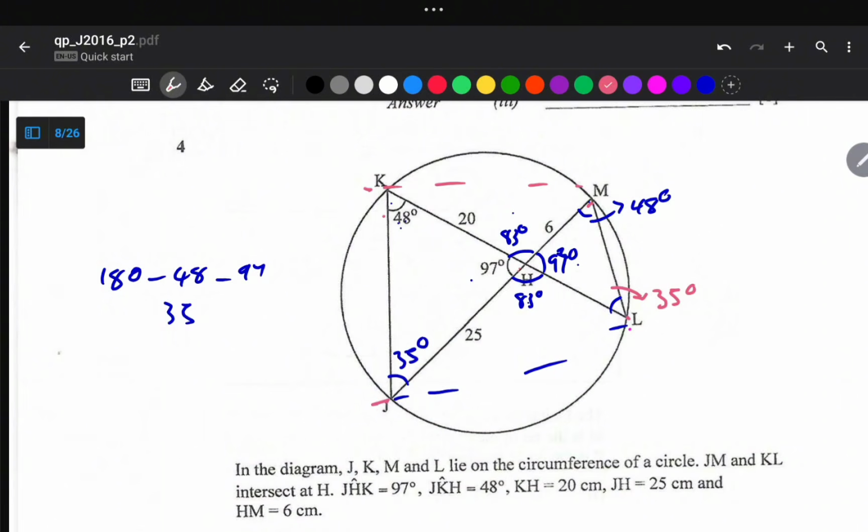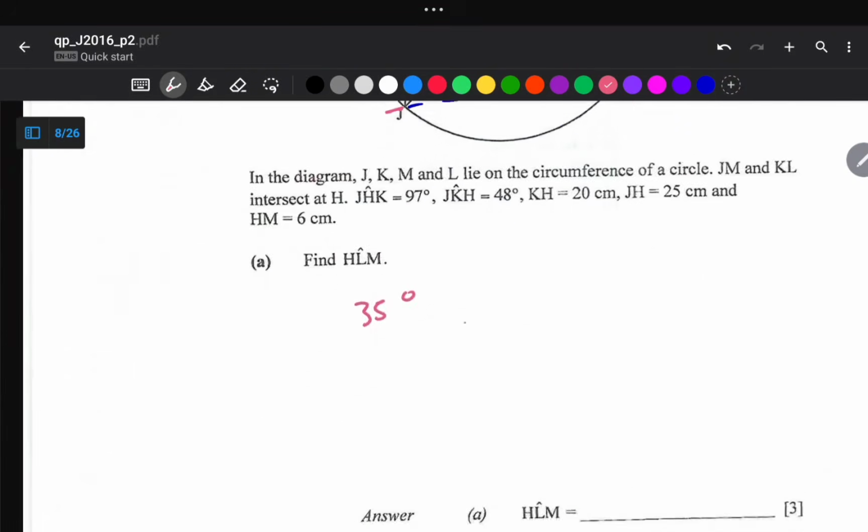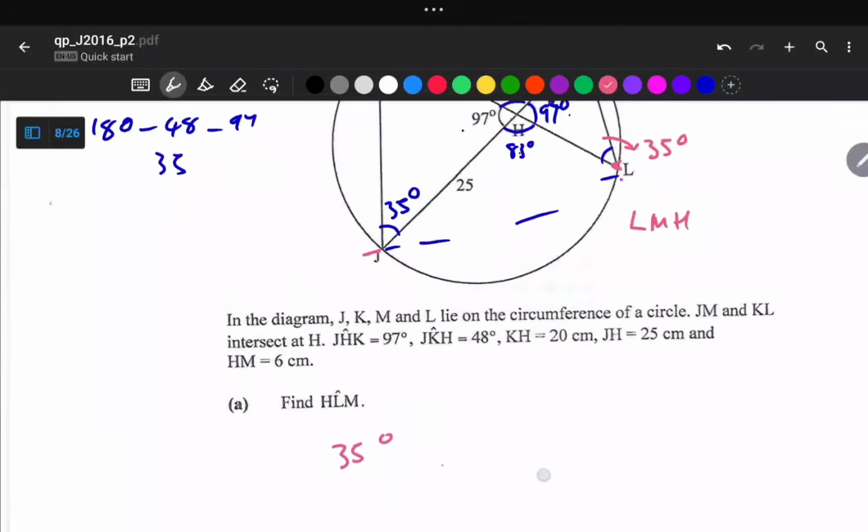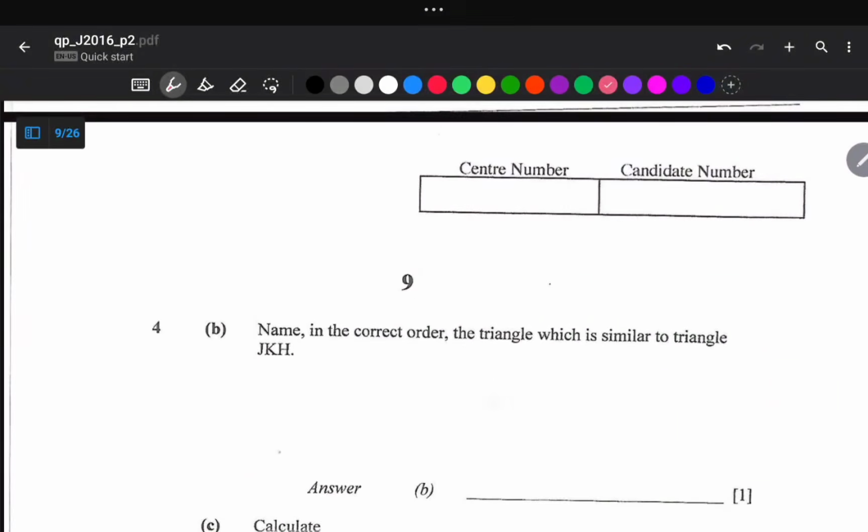So we are starting from 35, so it is L, and goes to 48, it is M, and we end at 97, so it is H. So the triangle JKH is similar to L, M, H.